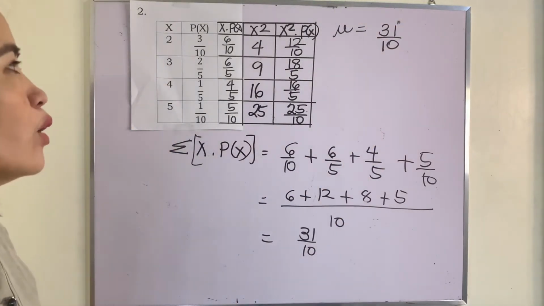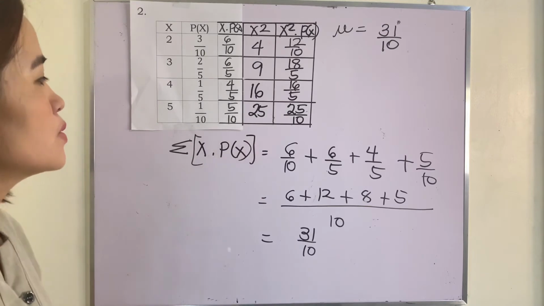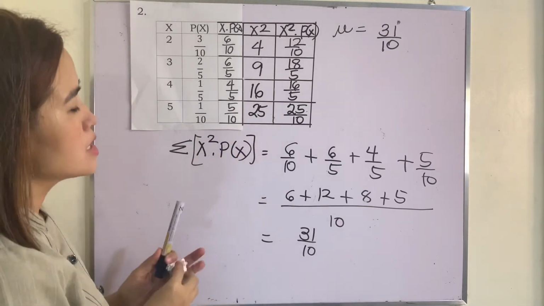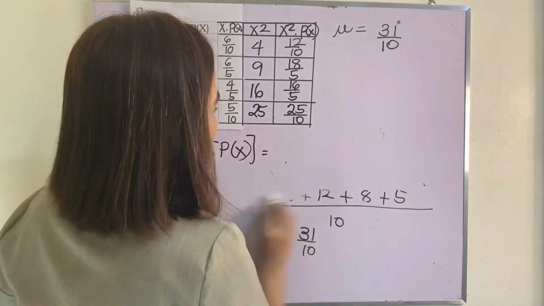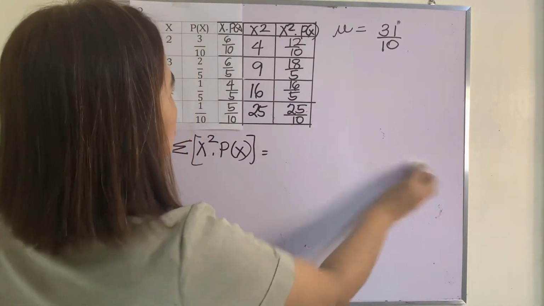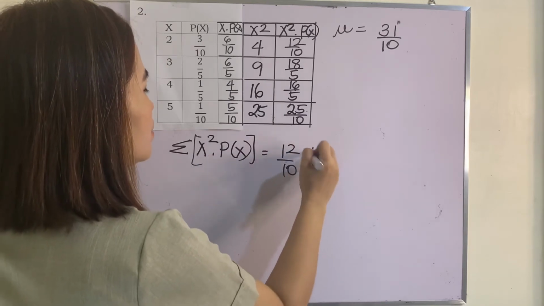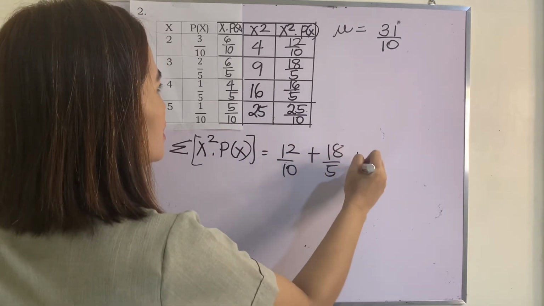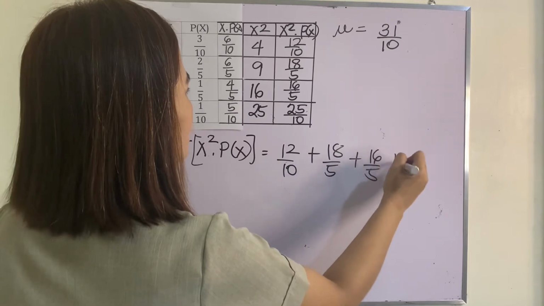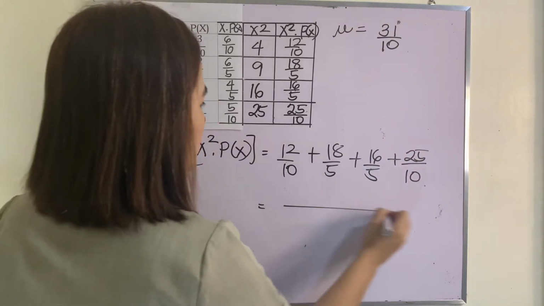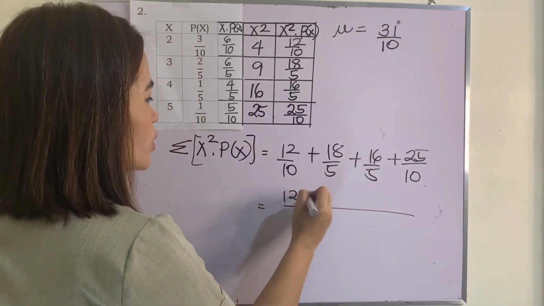Okay. Now, what about the x squared times p of x? Let us now add this. So we have here 12 over 10 plus 18 over 5 plus 16 over 5 plus 25 over 10. So over 10, we have 12.